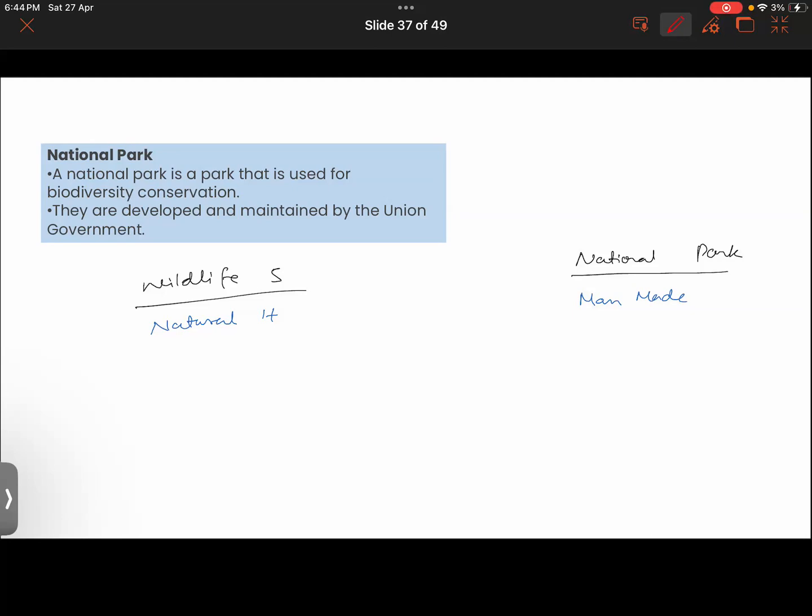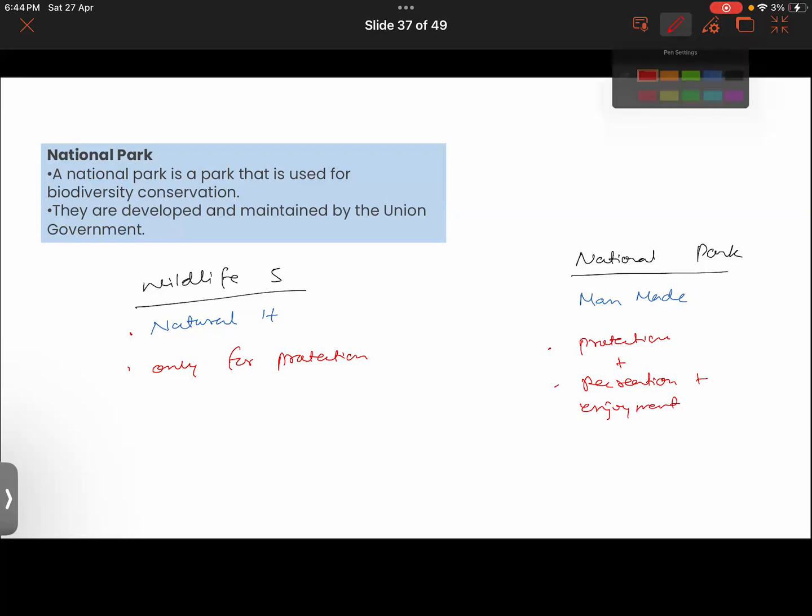Are you getting it, Sundus? Yes. So the purpose in a sanctuary is only protection, while in a national park, along with protection, it is for recreation and enjoyment of the public. So this was another difference which we have studied.